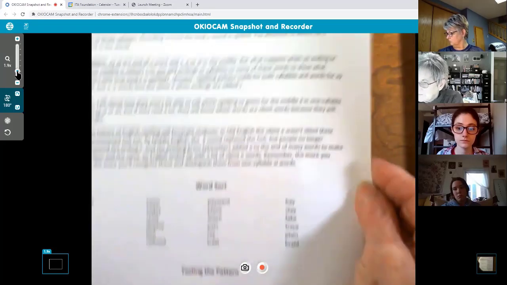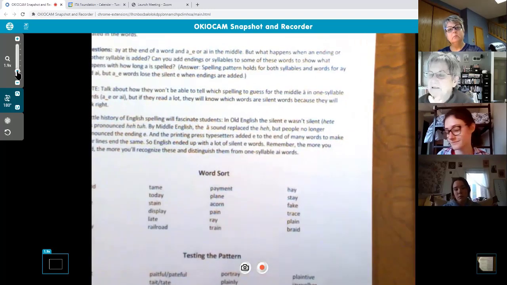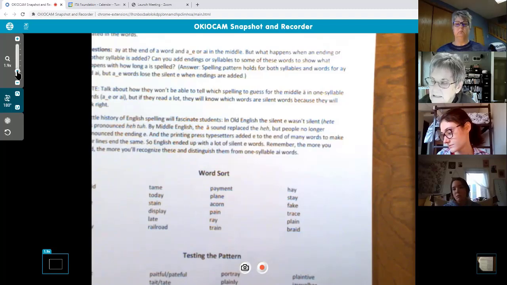Now, another little bit of Old English history that you might want to talk about is that actually that E, the silent E or the magic E, kids sometimes learn, wasn't silent back in Old English. In Anglo-Saxon English, it was pronounced. So the word that we know now as hate used to be pronounced as hetta. The eh became an A, but the final vowel disappeared.